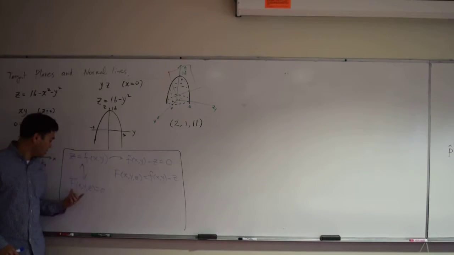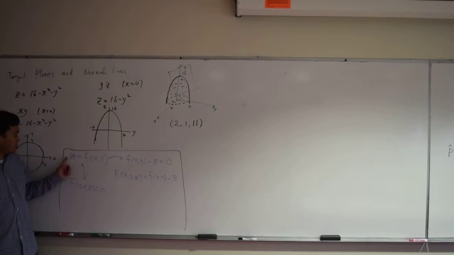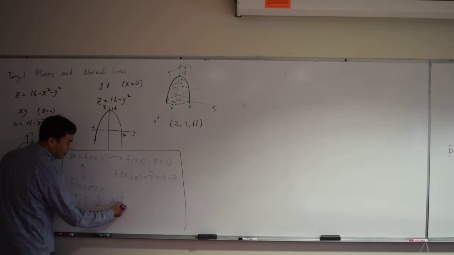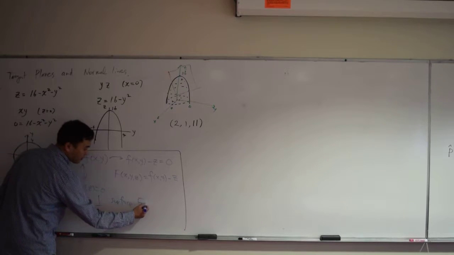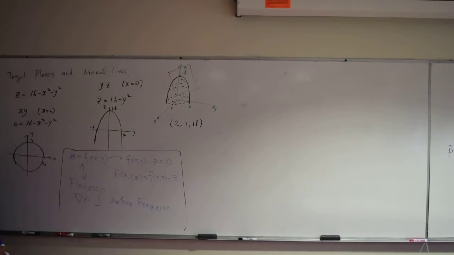Because if F of x, y, z is f of x, y minus z, saying this equal to 0 is equivalent to this one. And therefore, we know that the gradient of this capital F is perpendicular to the surface F of x, y, z equal to 0. Okay. That's what we need. The gradient of F must be perpendicular to the surface F of x, y, z equal to 0.